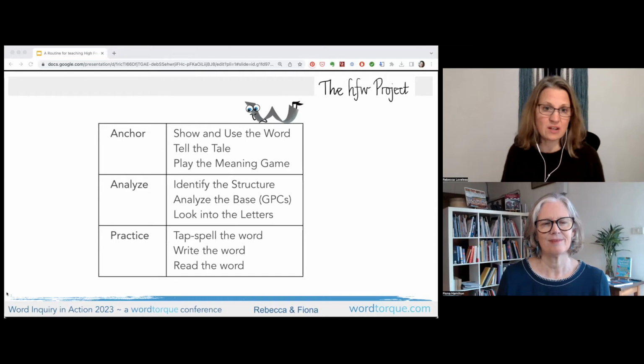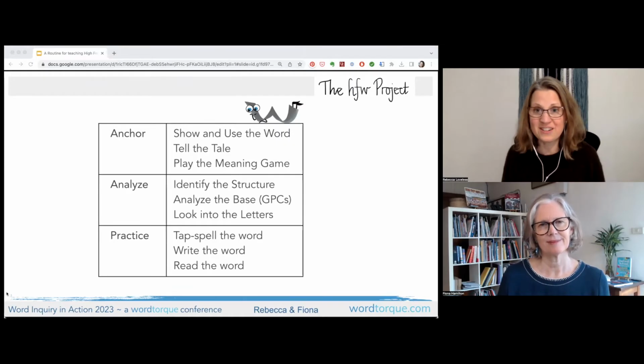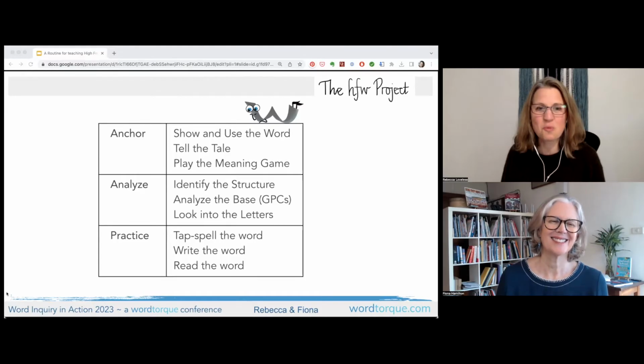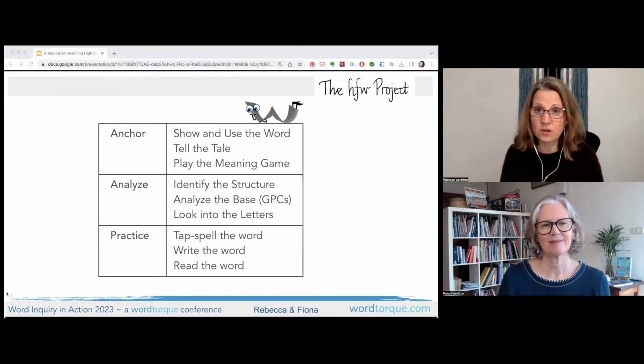And then we take it a level deeper in our anchoring the meaning by looking at the tale of this word's history. So looking at the etymology, and we've written a bunch of very student, child appropriate level tales about the history of these words, because what those tales reveal are key elements of why a word is spelled the way it is, and also relationships to other words that they are linked to in meaning and spelling.